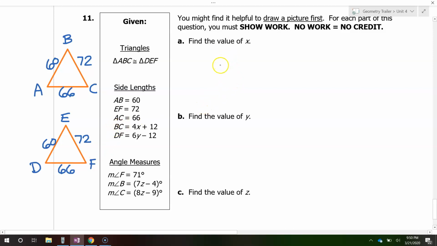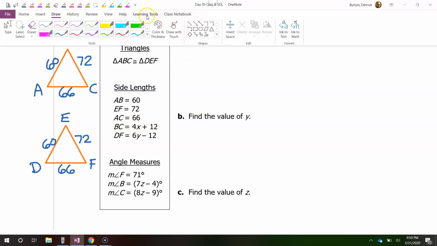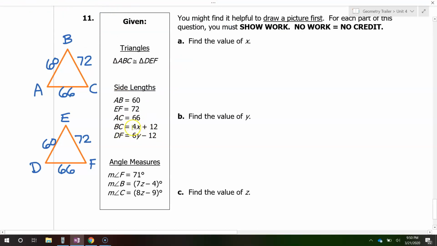So I need to find the value of x. I have an expression for BC. All right, I see an x in there. So BC is 4x plus 12. All right, now BC is this side right here. So this is BC, is 72. So that means if BC equals 72, that means that 4x plus 12 must equal 72.